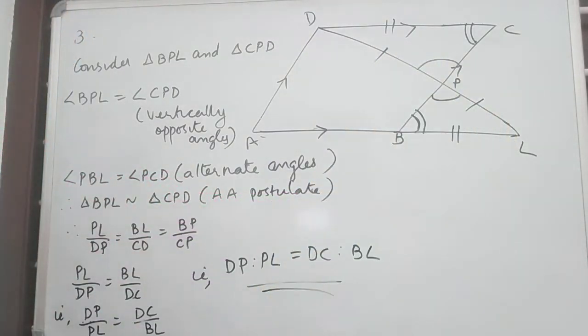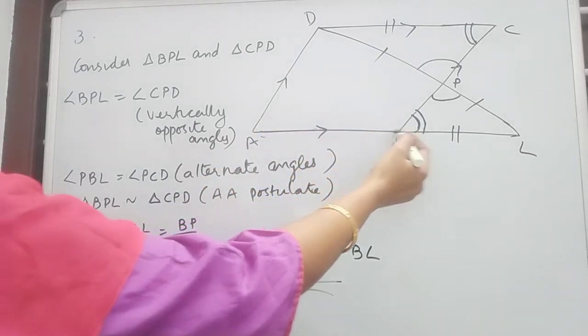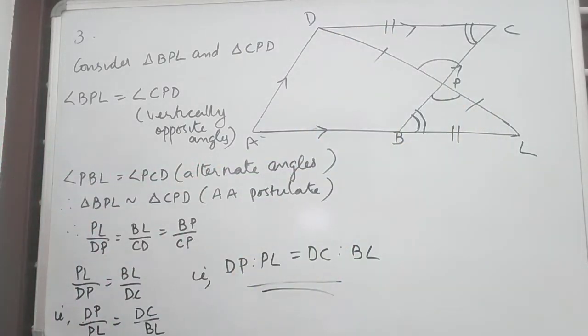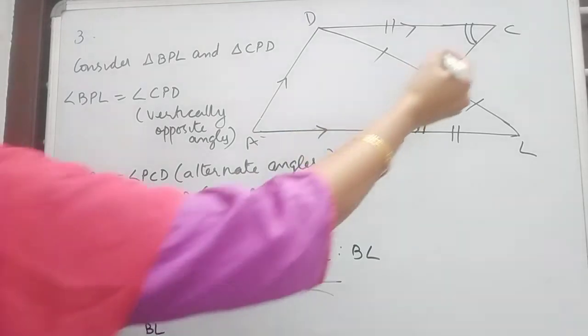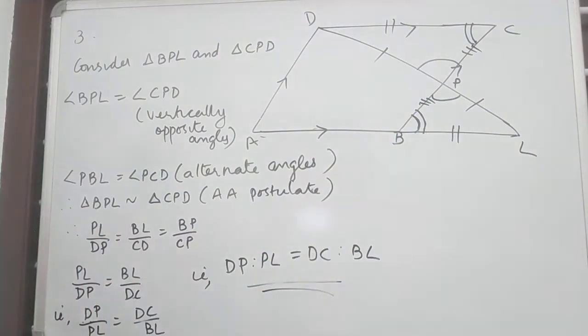So PL divided by DP is equal to BL divided by DC. Then the third side is which one? BP divided by CP. So the third side I mark with three lines, BP divided by CP.